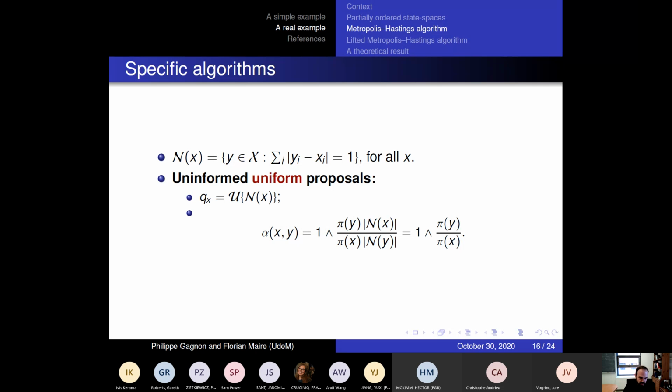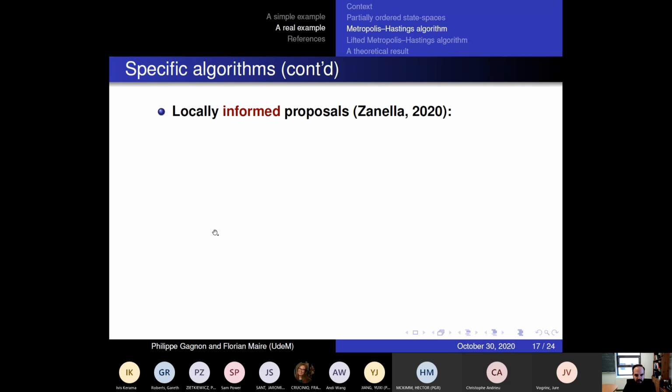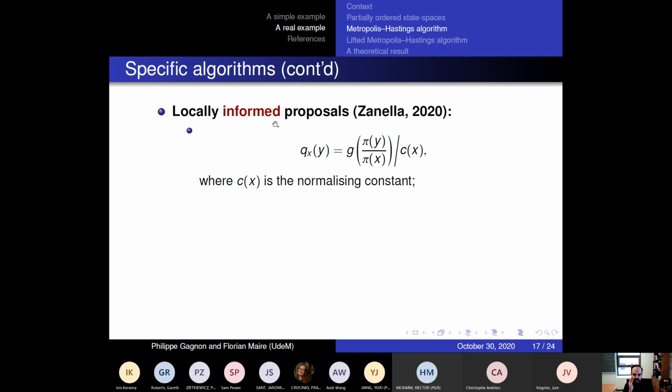And that's what we notice, and a few people noticed that. So you could use something more sophisticated. For instance, there is this locally informed proposal distribution that was proposed by Zanella in 2020. So these are proposal distributions that are efficient in high-dimensional settings, and they are like this. Okay, so you have this function g of a ratio, and here you have the normalizing constant.